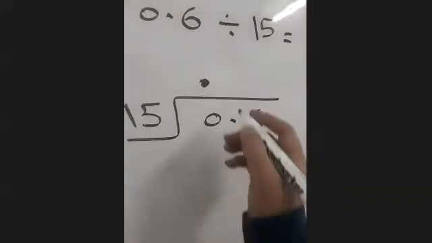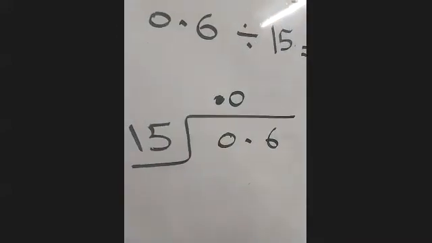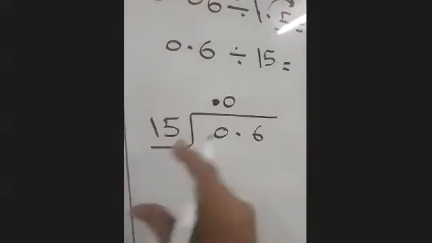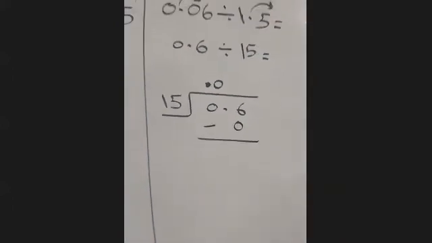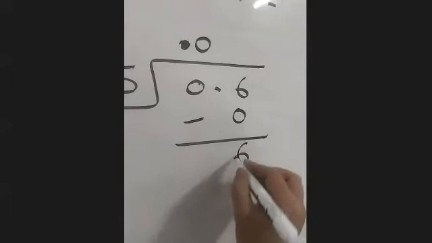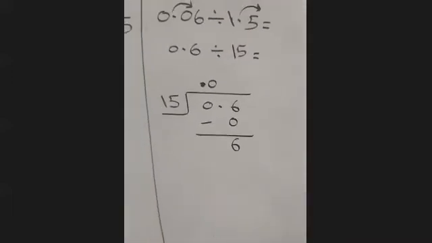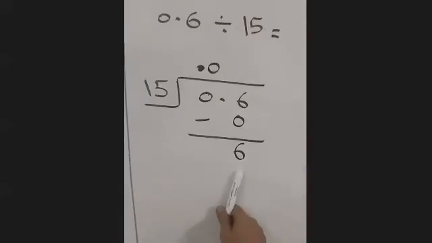So in this case, what do we put up? 0. 0 multiply 15 is 0. Subtract. 6 minus 0 is 6. Now, the remainder is 6, right?